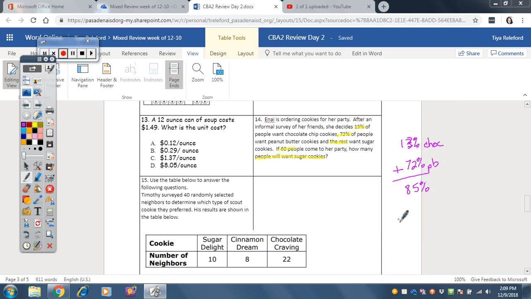The rest, it should be minus. The rest is going to give you only 15%. Then you have to find the proportion, because 15% is not the same as 15 people. They're trying to make sure you know that percents have to add up to 100. And then you got to do a proportion.